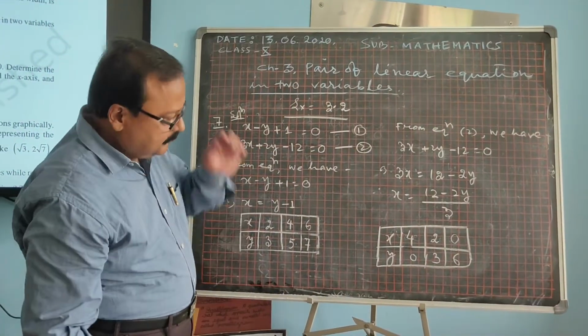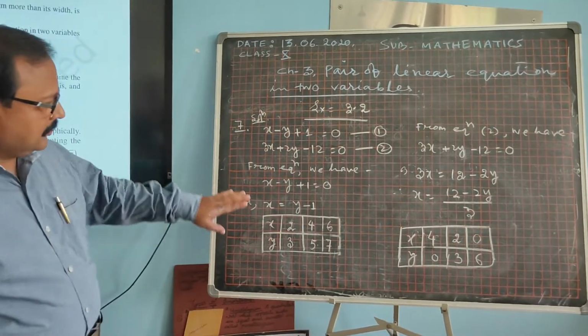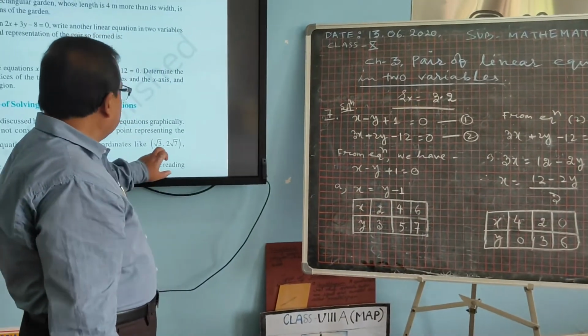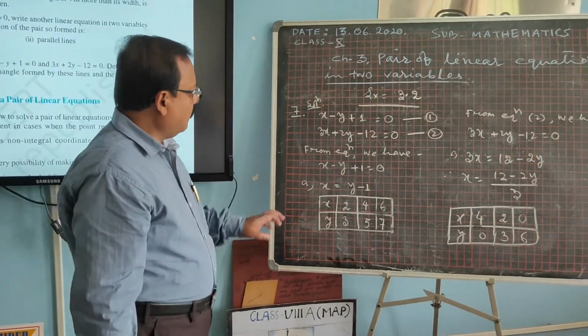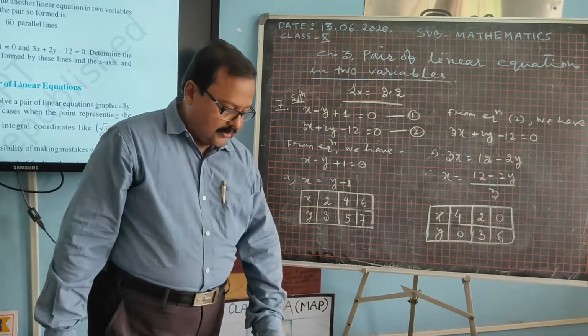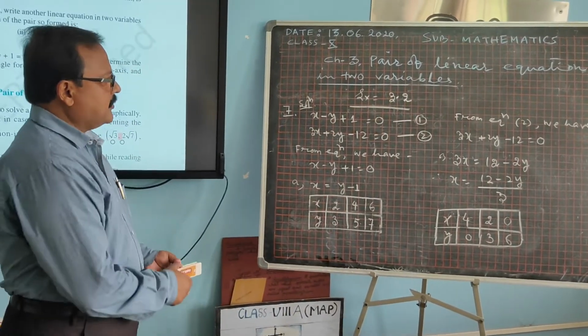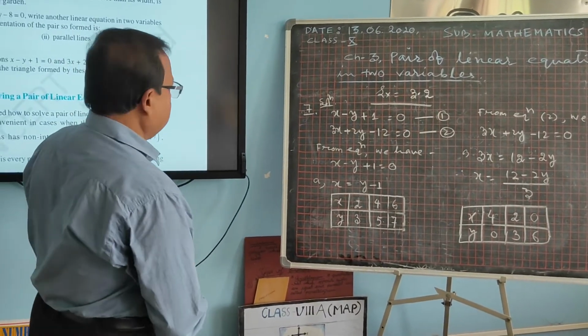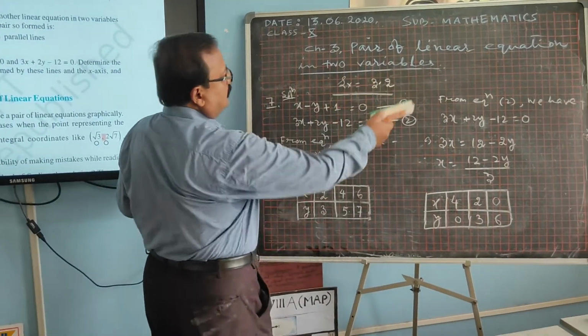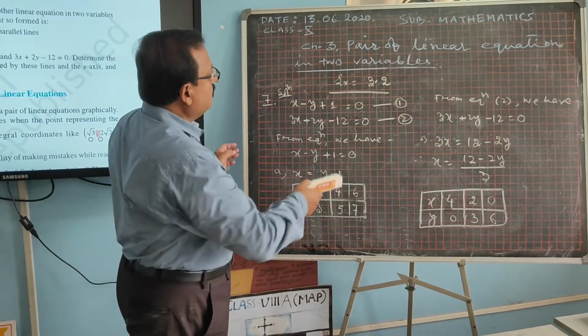Okay. Now, we got these two tables from equation number 1 and equation number 2, and you plot these points in the Cartesian plane, coordinate geometry. Okay, student. Now, shall I wrap this?